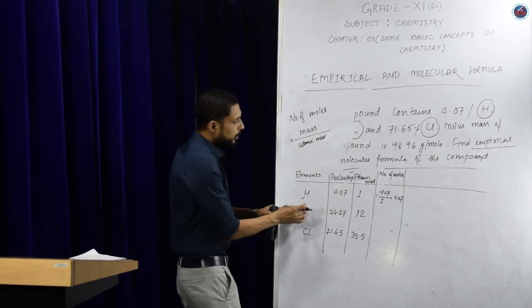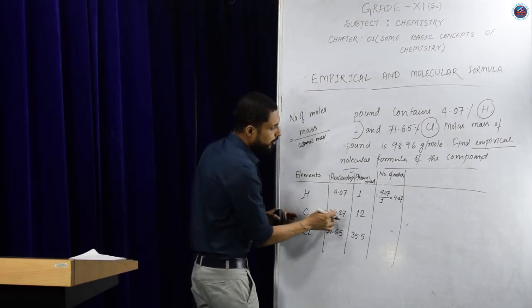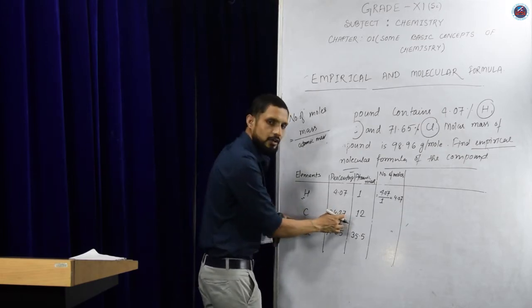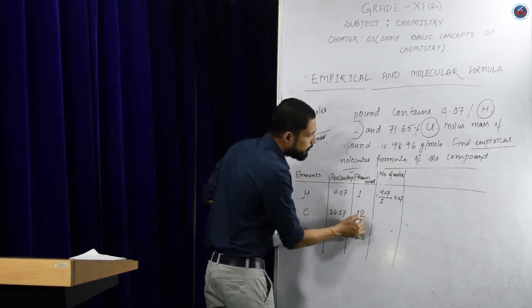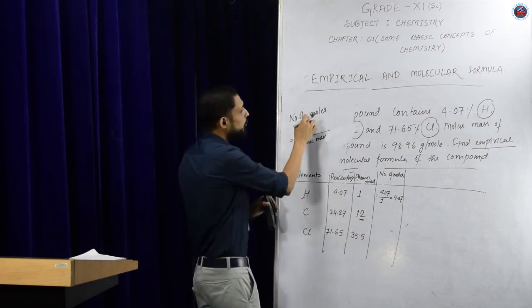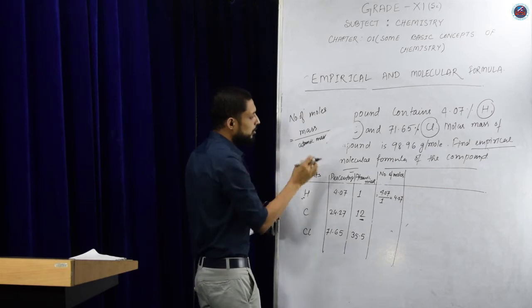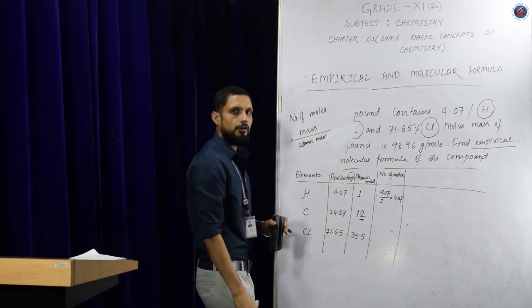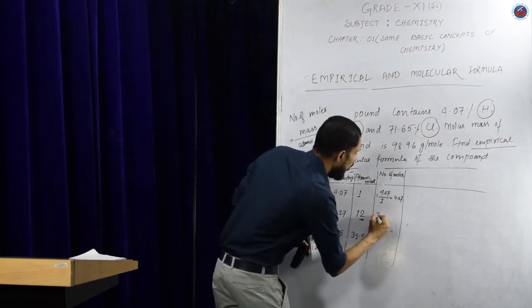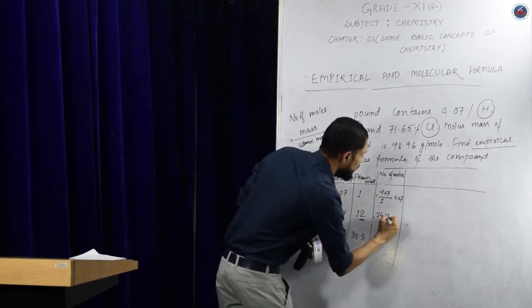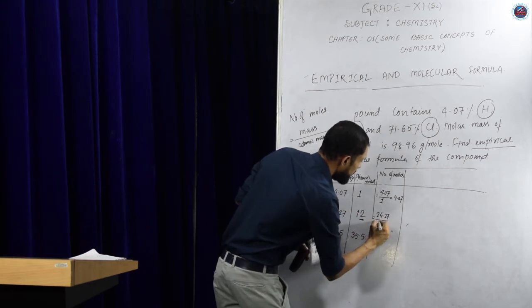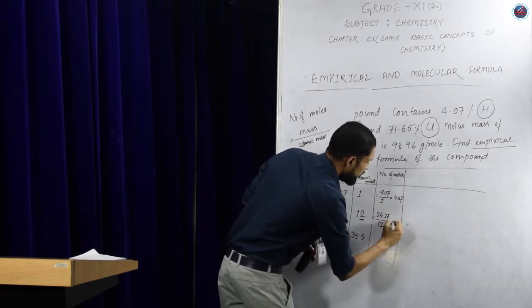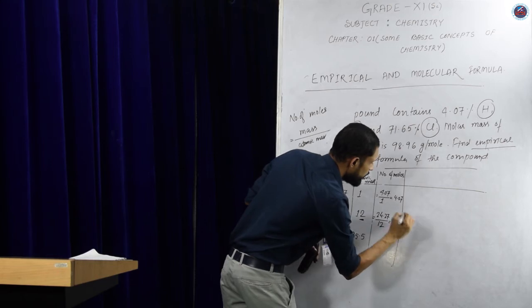Similarly, the mass of carbon is 24.27 and the atomic mass is 12. So the number of moles of carbon is equal to the mass of carbon divided by the atomic mass, 24.27 divided by 12, is equal to 2.02.